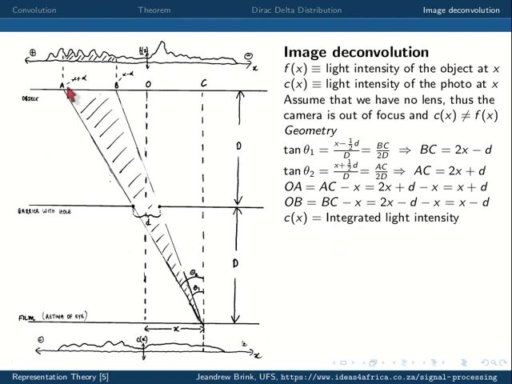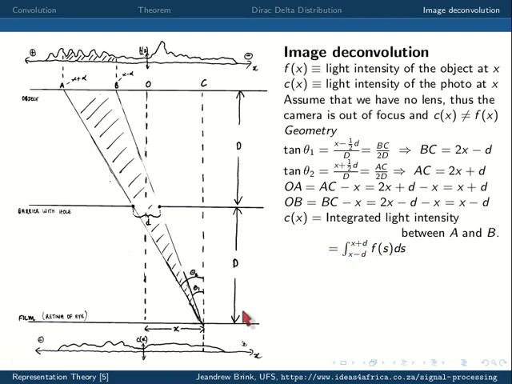In other words, the integral over all the possible light that comes from the image from here to here is being concentrated at that point. Okay, and so we can write it like this. The image C of x over there is simply the integral from x minus d to x plus d of f of s.